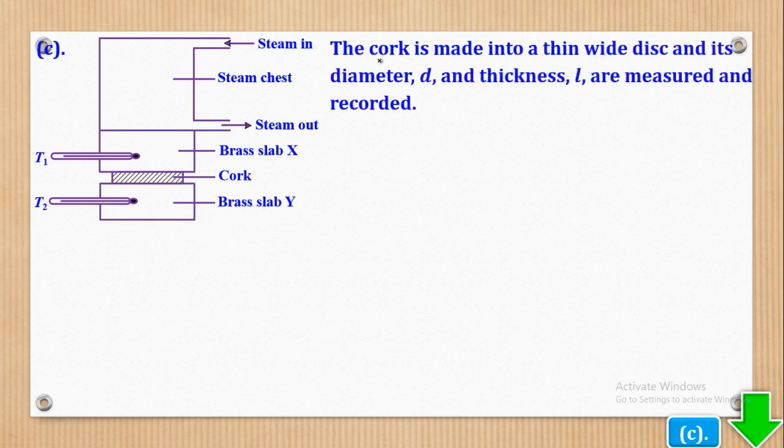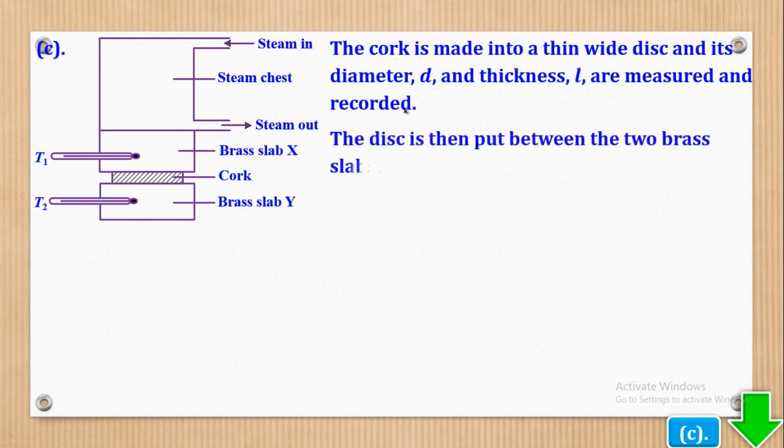So you have said that copper is made into a thin wide disc, and its diameter D and thickness L are measured and recorded. The disc is then put between two brass slabs X and Y, each carrying a thermometer, as you can see them here.